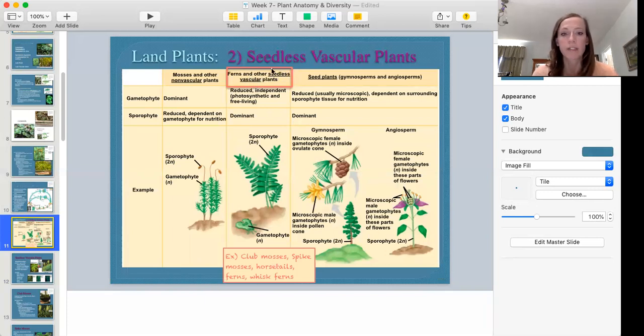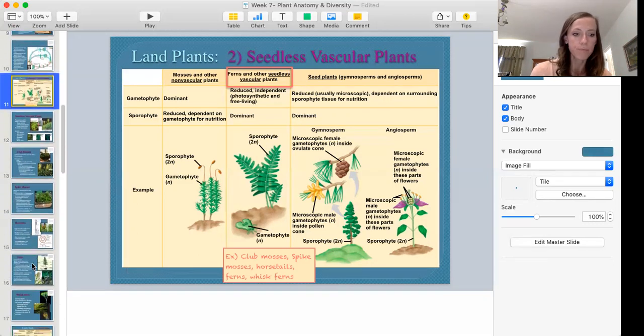These guys still don't have seeds, but as I mentioned at the beginning, we're now going to see a much larger plant due to the fact that they can transport water and sugar throughout the plant. And now the sporophyte is going to be the dominant generation, and the gametophyte is going to be the reduced generation. Okay. So some examples are club mosses, spike mosses, horsetails, ferns, and whisk ferns. So we're going to look at each of those.